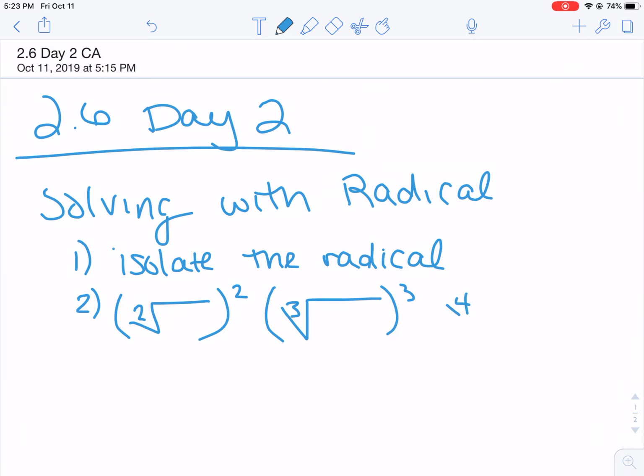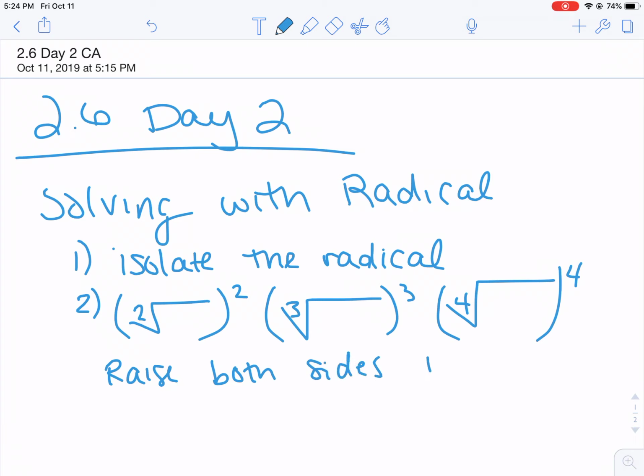If it's a fourth root, you're going to raise it to the fourth power. So basically, you're going to raise both sides to the n power, whatever power is in the radical, okay?